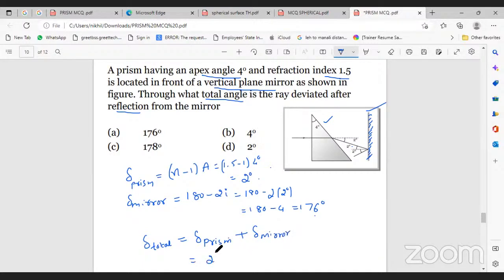This is equal to 2 degrees plus 176 degrees, which is 178 degrees. So which is the right option? Option C. Got it?